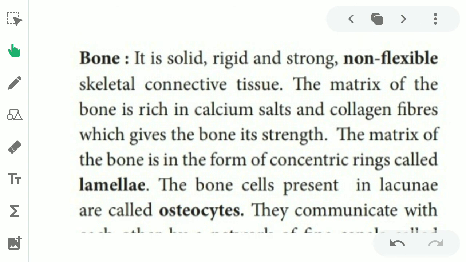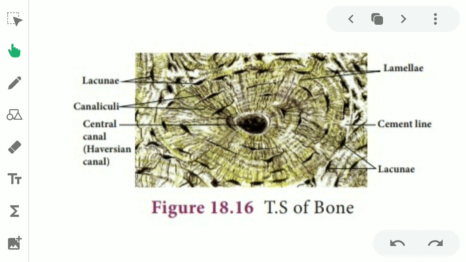Next, bone. Bone is a solid, rigid, strong, non-flexible skeletal connective tissue. Bone is also a connective tissue, but it is not flexible, it is strong. The matrix of bone is rich in calcium salt and collagen fibers, which make the bone strong. The matrix of bone is arranged in concentric rings called lamellae. You see, the ring-like structure is called lamellae.